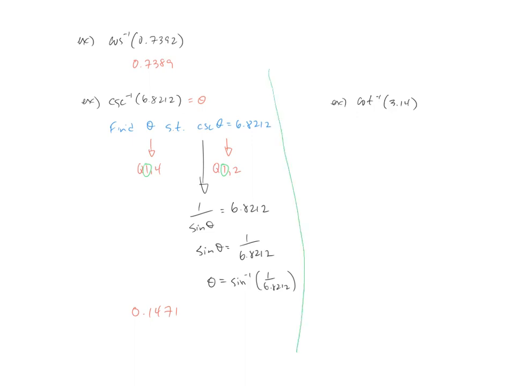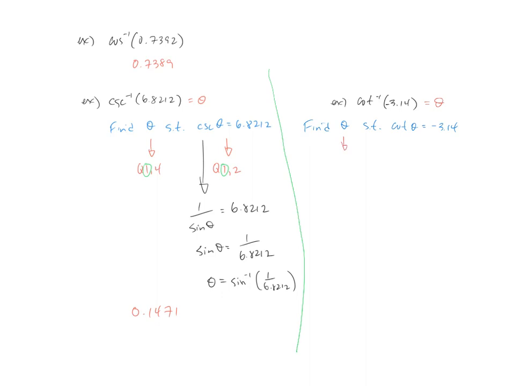All right, so I'll go ahead and I'll put a line down here to separate all this stuff. Also going to go ahead and make sure I copied down the problem correctly. That should be a negative 3.14 inside parentheses. So we'll handle this one the same way. We understand we're looking for theta. We're going to find theta such that cotan of theta equals a negative 3.14.